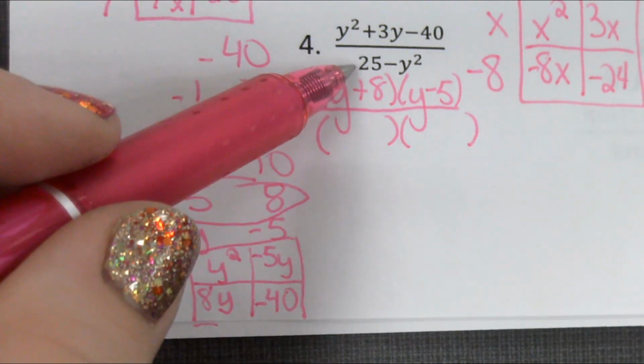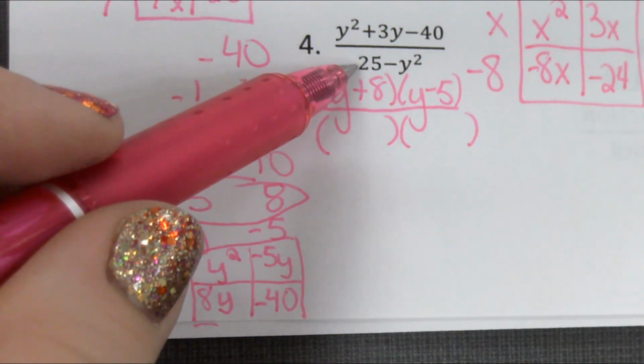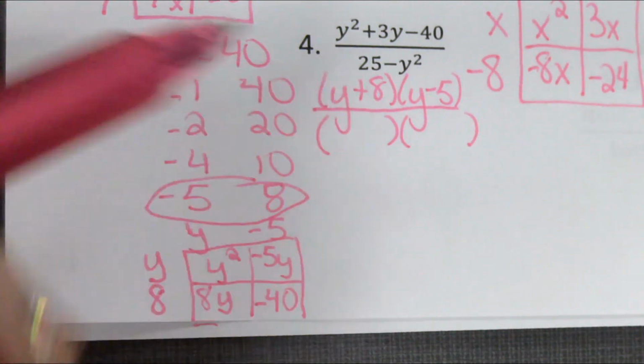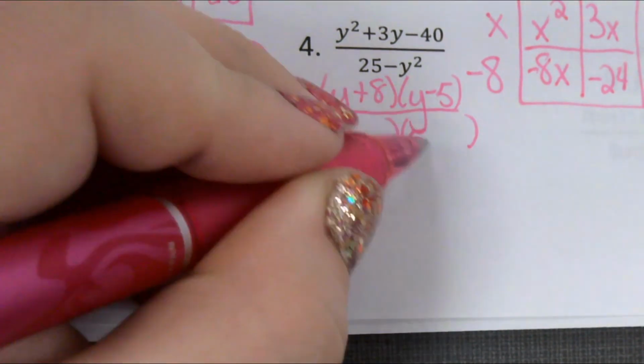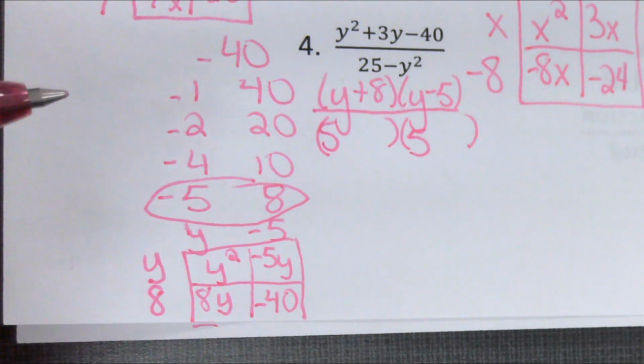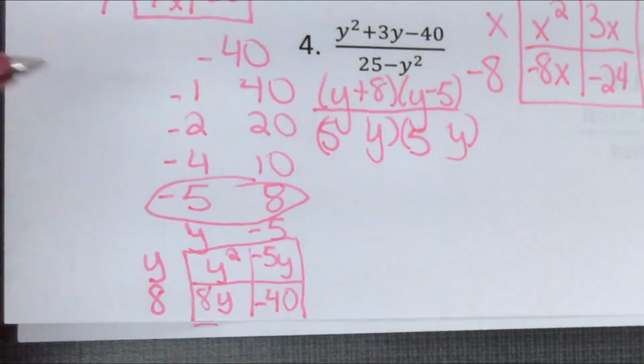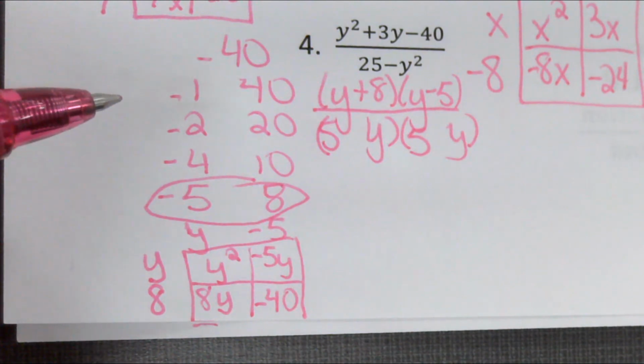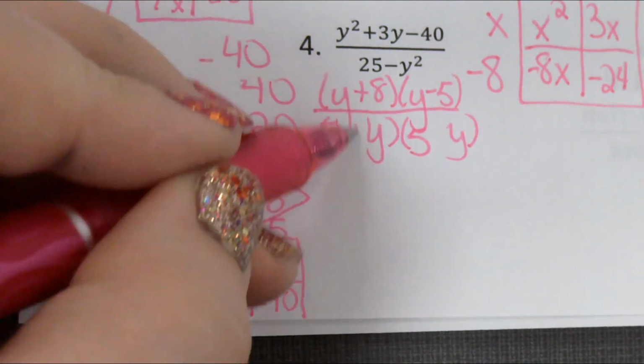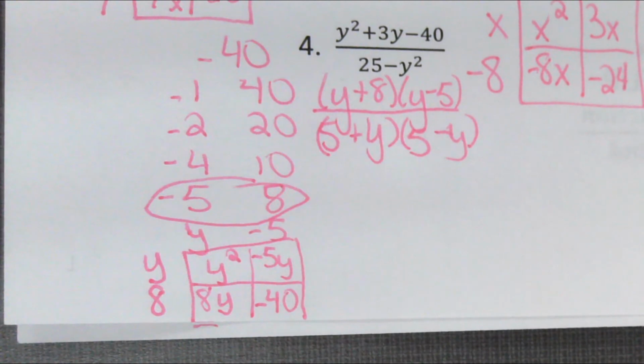So we're going to take the square root of 25 and we'll put it in the front of both of them. Then the square root of y squared goes into the second spot for both of them. 1 plus and 1 minus. We'll circle our factors.